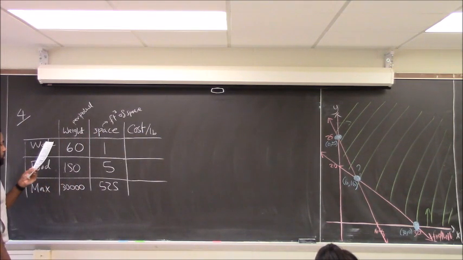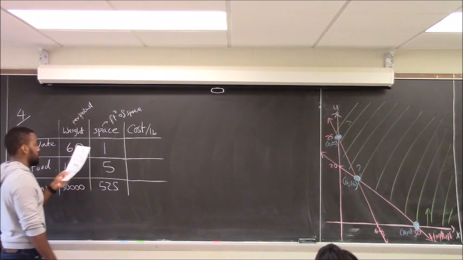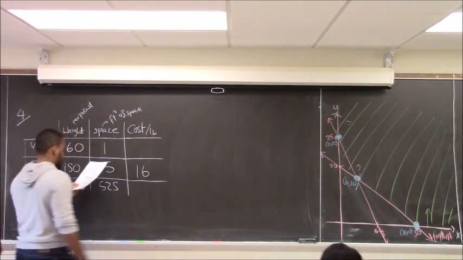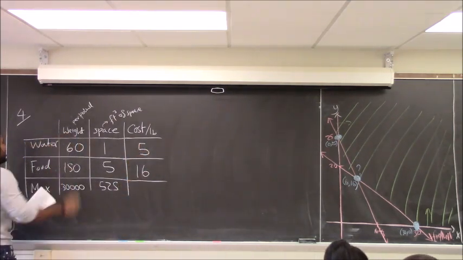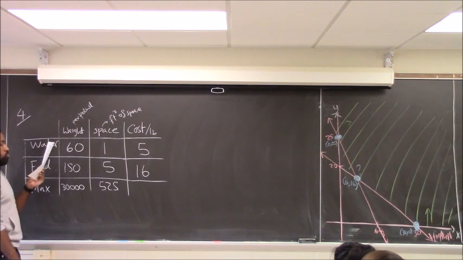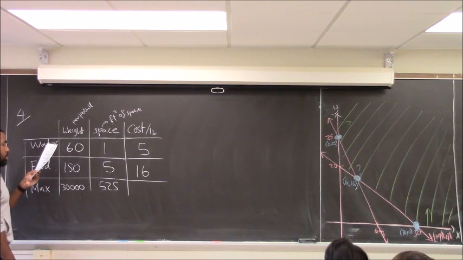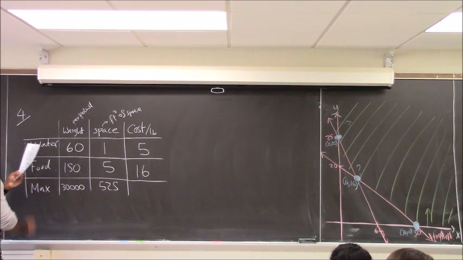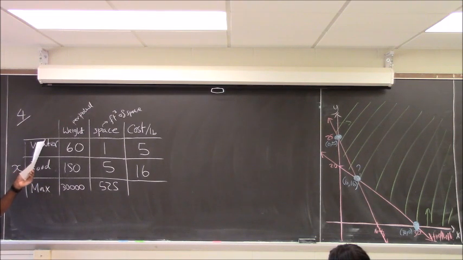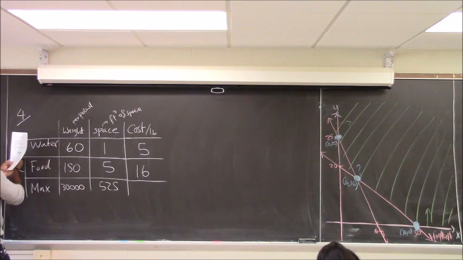Okay, so the hotel is going to buy the food for $16 per pound and the water for $5 per pound. What is the optimum number of containers of each item that will maximize the revenue generated by the plane? What is the max revenue? And they also told us let X represent the number of food containers, and Y represent the number of water containers.